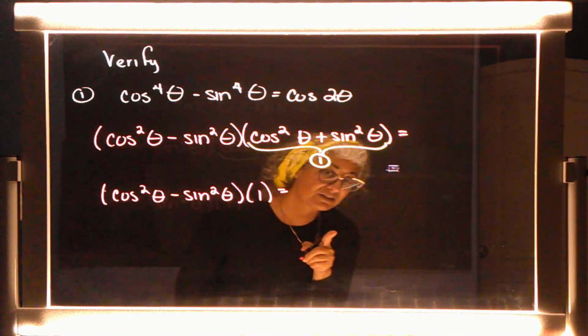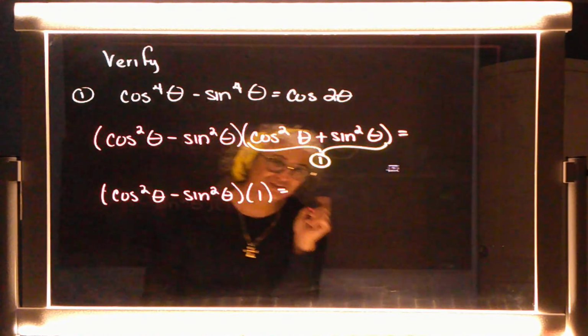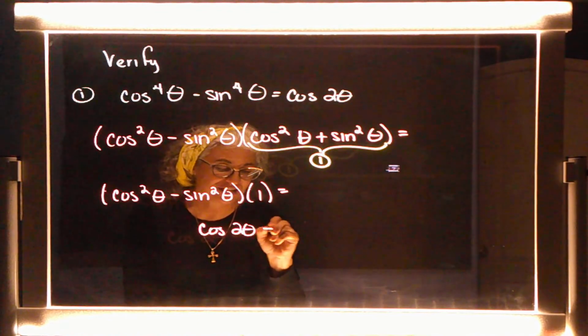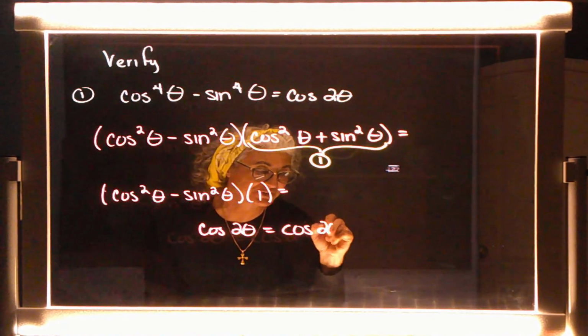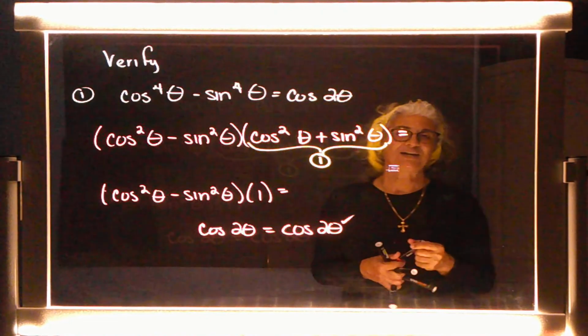And cosine squared theta minus sine squared theta, yeah, that's one of the new identities we just looked at. This is actually representing the cosine of 2 theta, which, looky there, equals the cosine of 2 theta. Check! Well, that was nice, wasn't it?